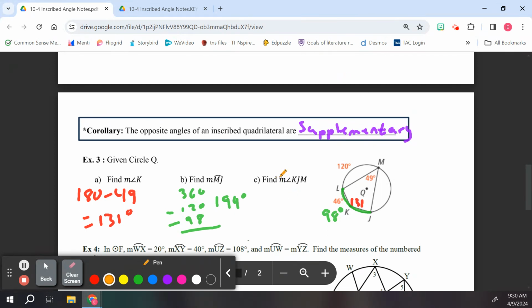All right, so now it says find the measure of KJM. So here's K to J to M. All right, so what do you guys notice about KJM?